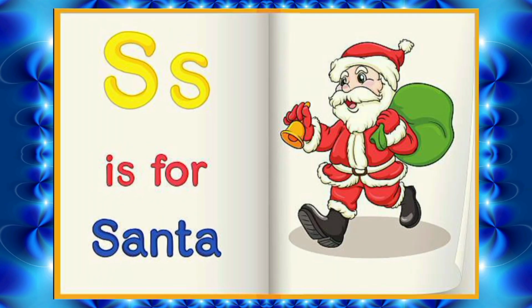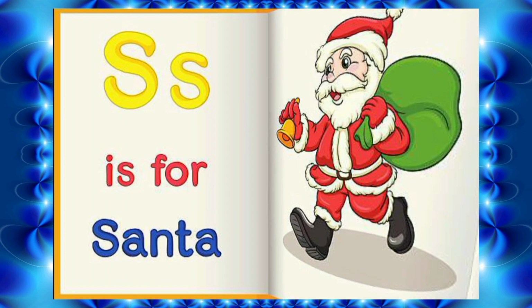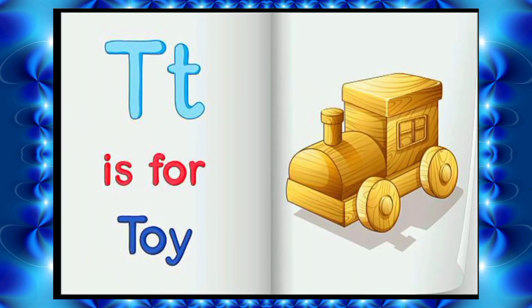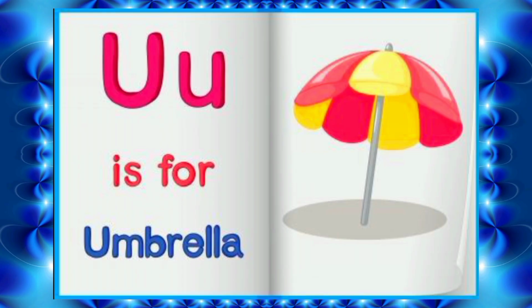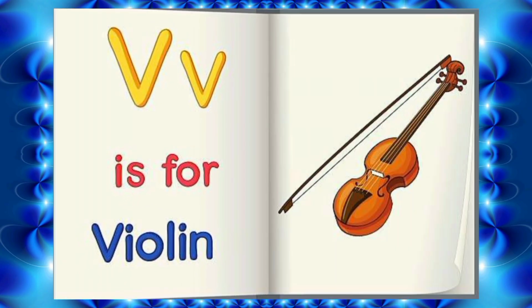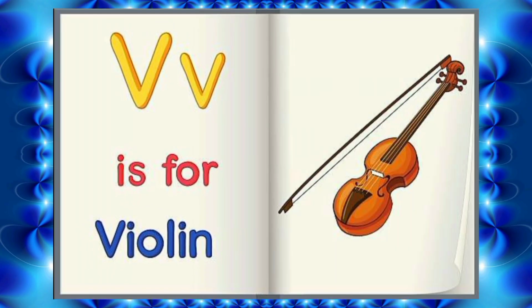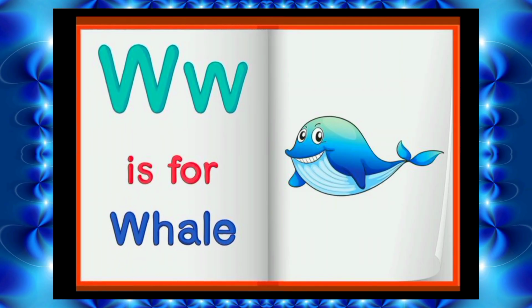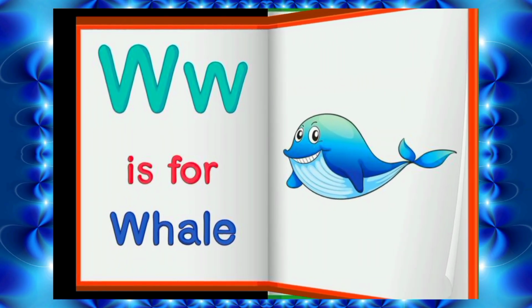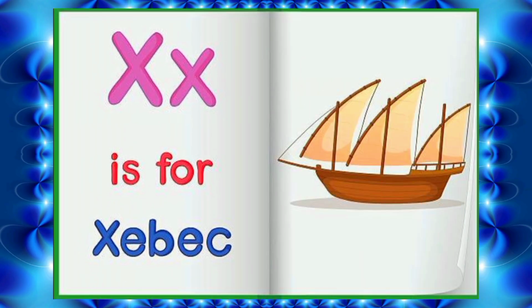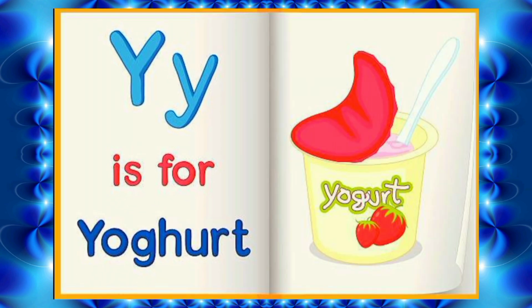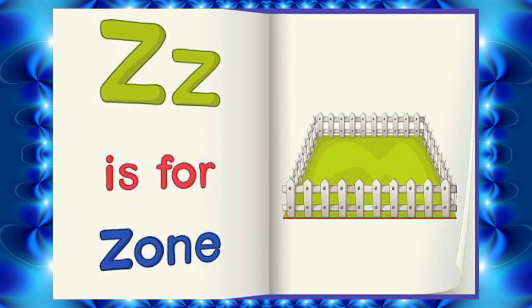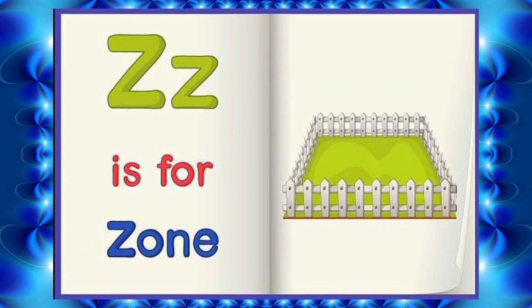S is for Santa. T is for toy. U is for umbrella. V is for violin. W is for whale. X is for xebec. Y is for yogurt. Z is for zone.